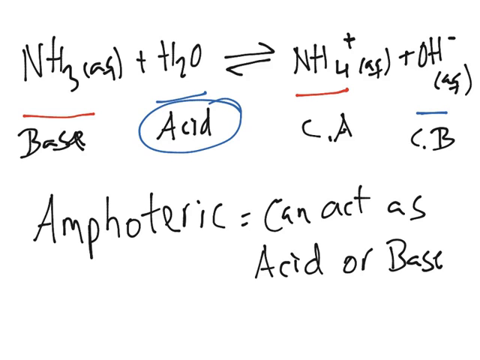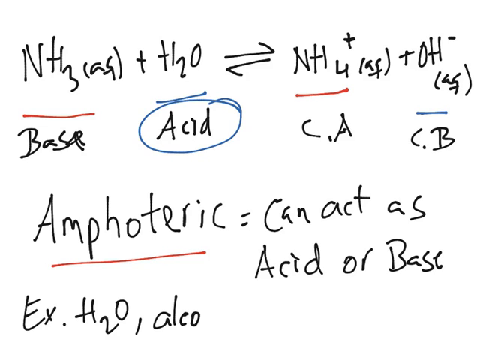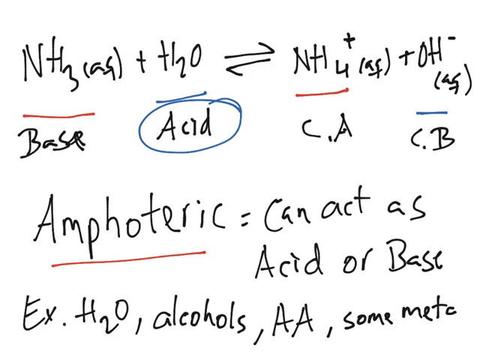Examples of amphoteric species are water, alcohols, amino acids, which I'm just going to write as AA, and some metal cations.